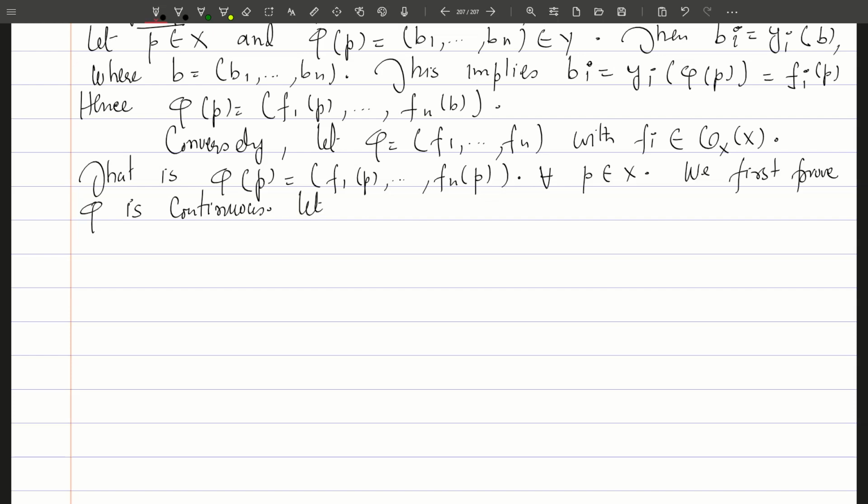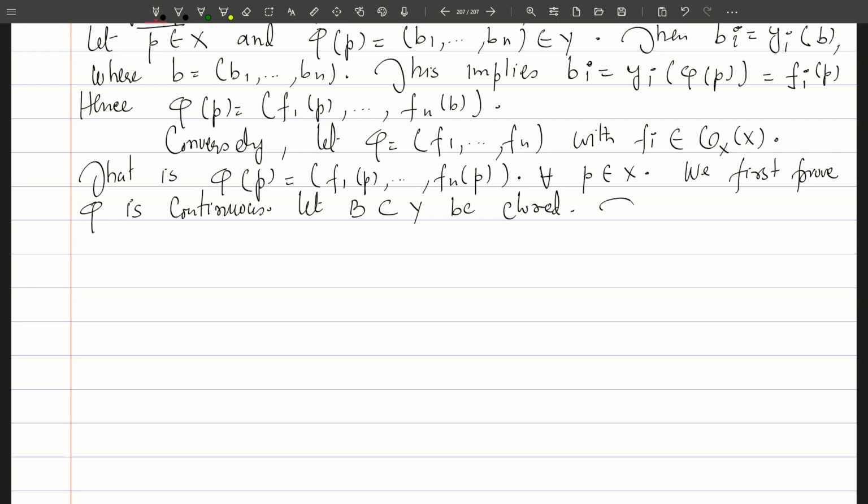So let b, a subset of y, be closed. So here by closed we mean it is closed with respect to the Zariski topology on y. So b is a closed set in y.